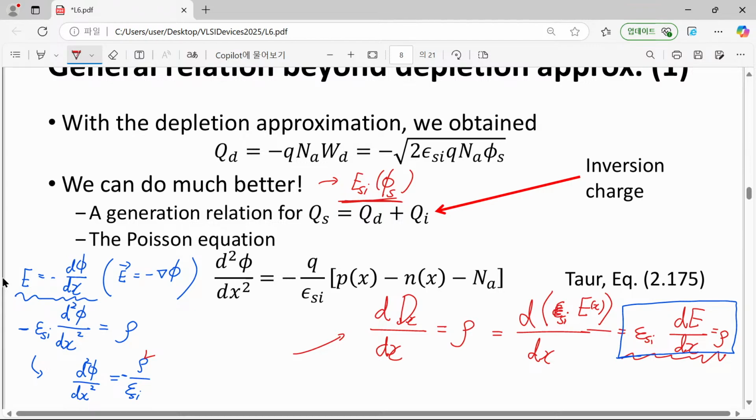Let me just name them. One is Na, acceptor doping. When we have acceptor doping, of course the acceptor provides us holes, and instead of that, the acceptor itself becomes negatively charged because it was neutral.